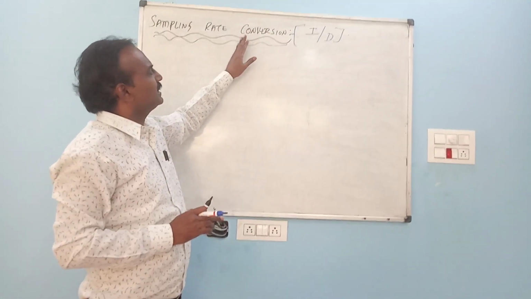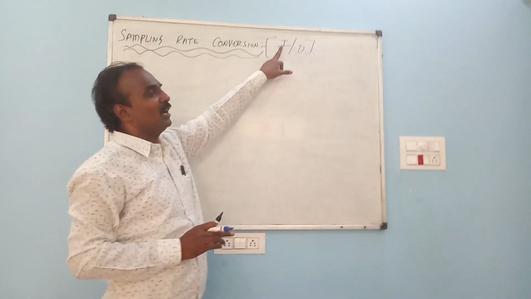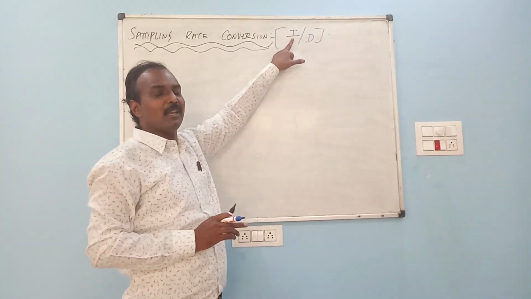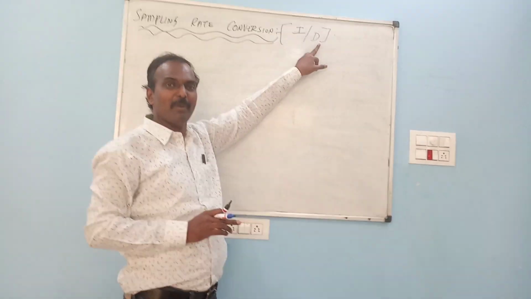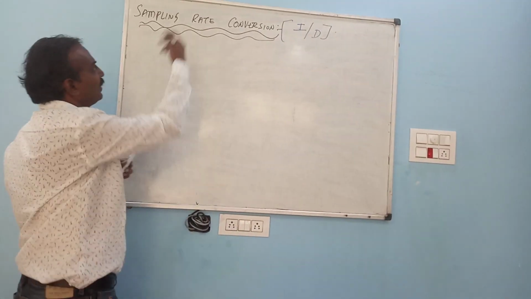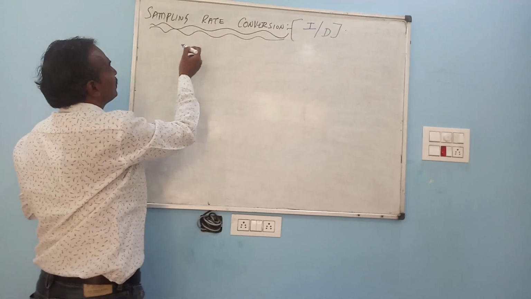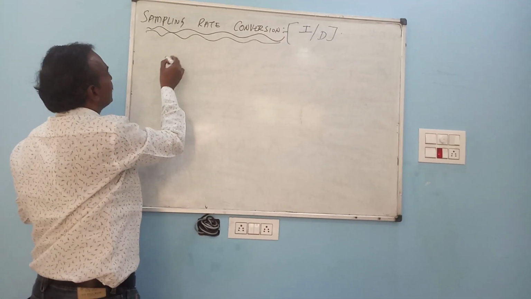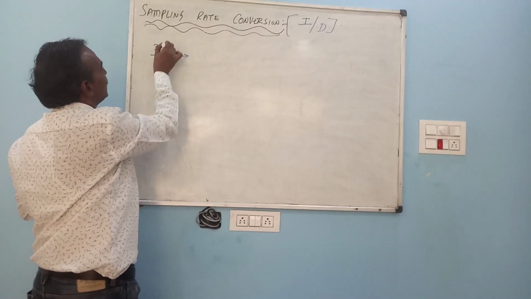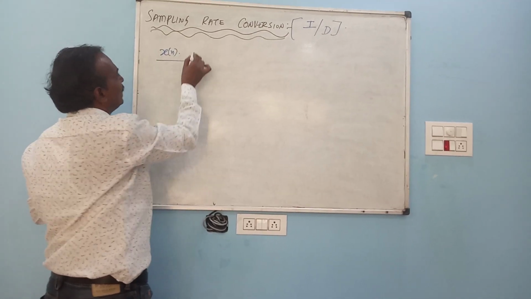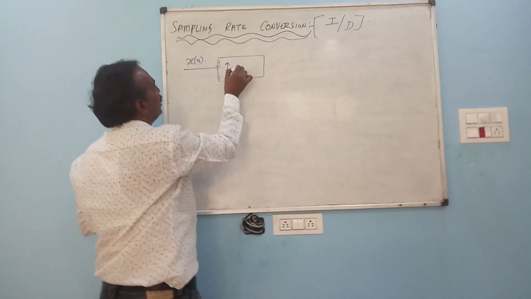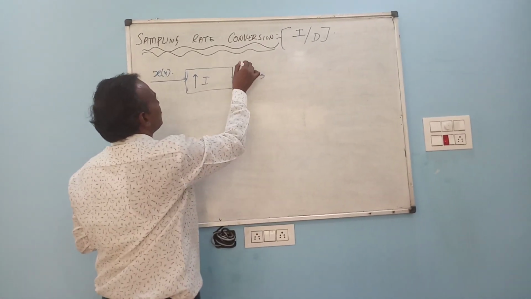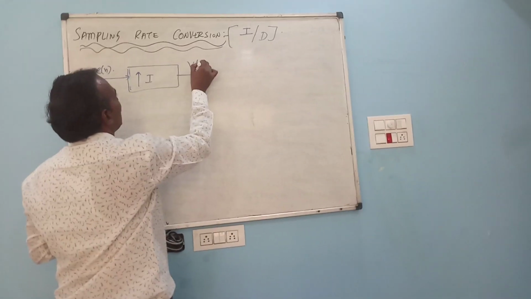For non-integer conversions, what we try to do is first upsample the signal by a factor I, and then downsample the signal by a factor D. That is sampling rate conversion. So this is the signal x of n. Let me upsample by a factor I to get some signal, suppose v of n.